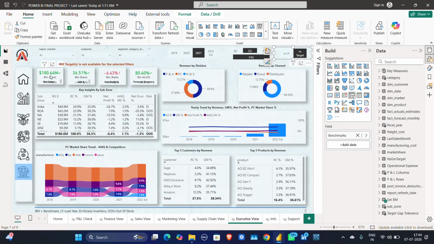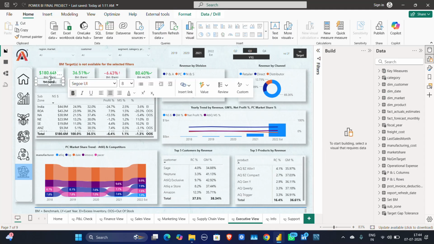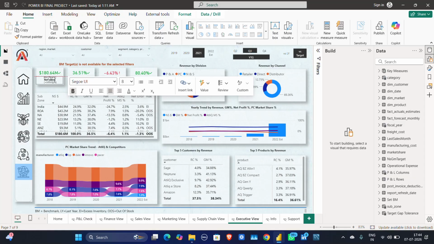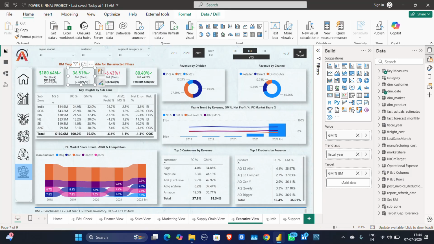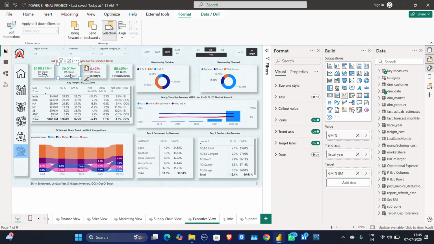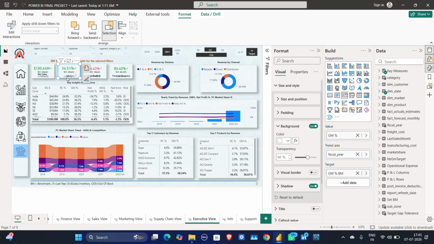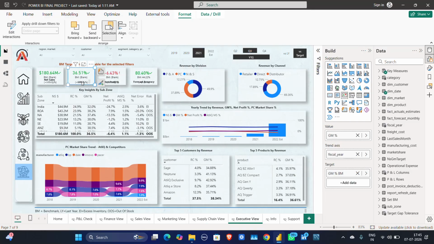Moving to the KPI cards. The first card shows net sales. Then the second card shows GM percentage. I need to make sure that it's visible.